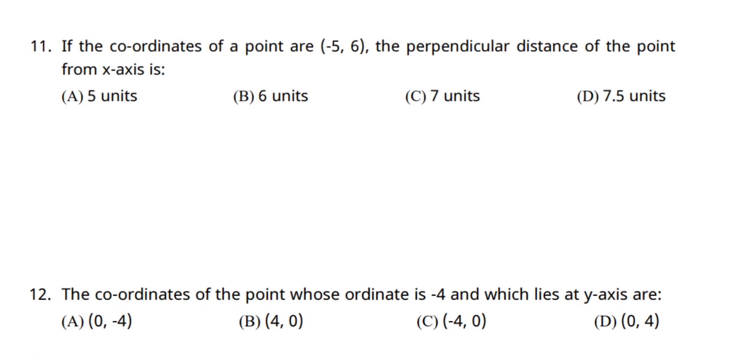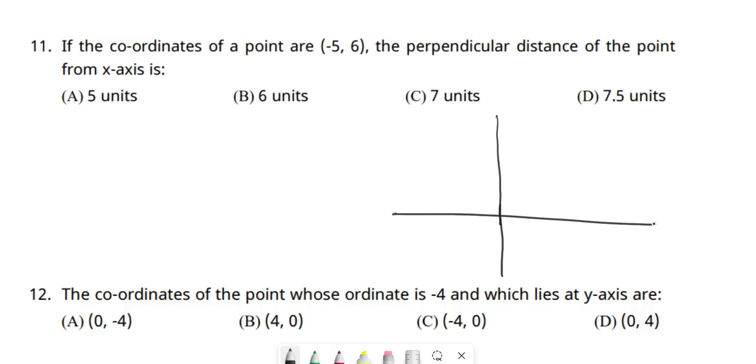So next question is, if the coordinates of a point are -5, 6 and the perpendicular distance of the point from x-axis is. Coordinates of the point -5, 6 means it is in which quadrant?